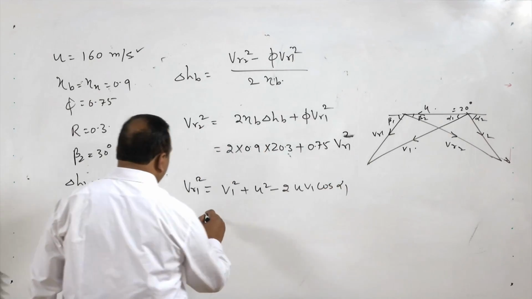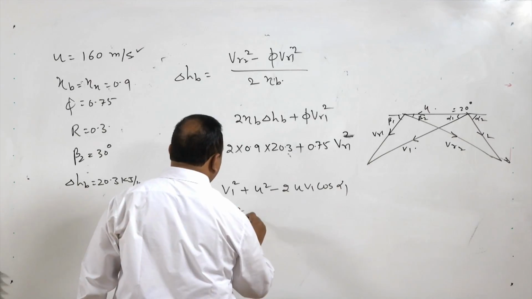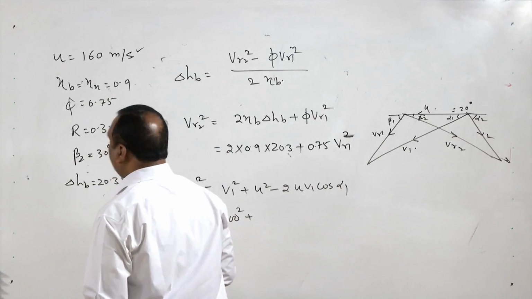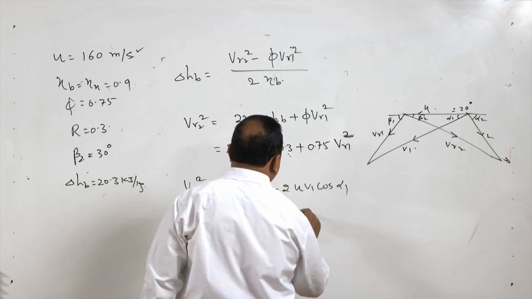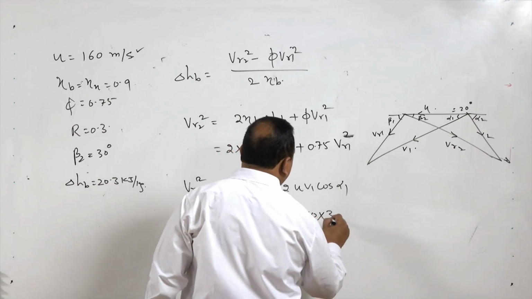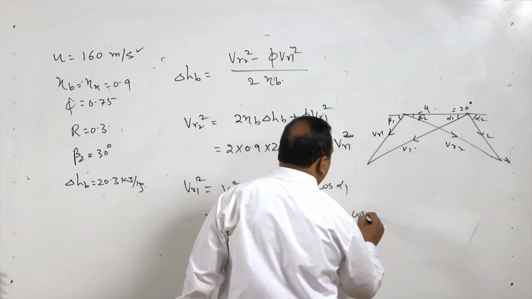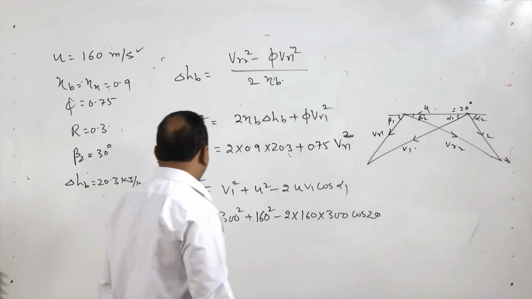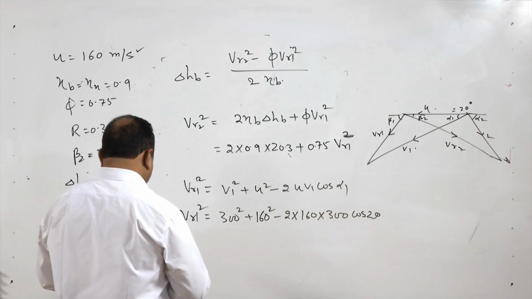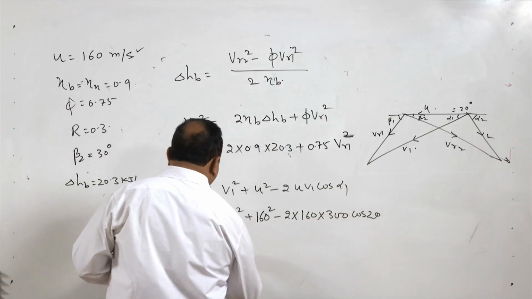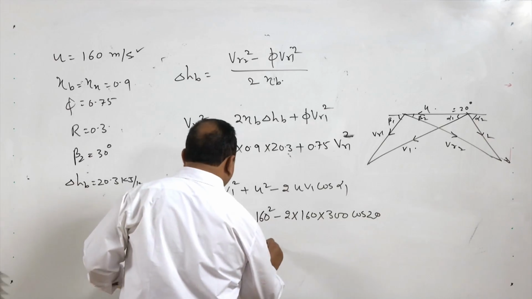Now, V1 is 300 plus u is 160 square minus 2 into 160 into 300 cos 20, and that is VR1 square, and then VR1 is 159.3 meters per second.